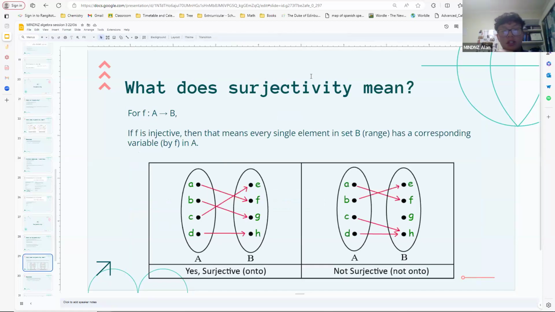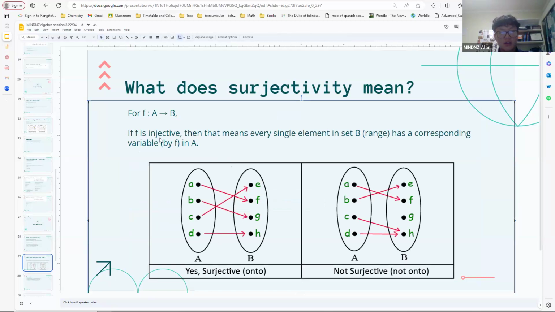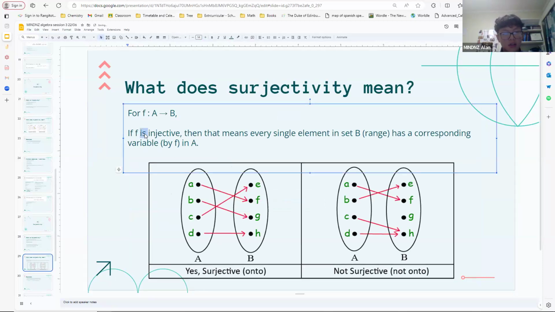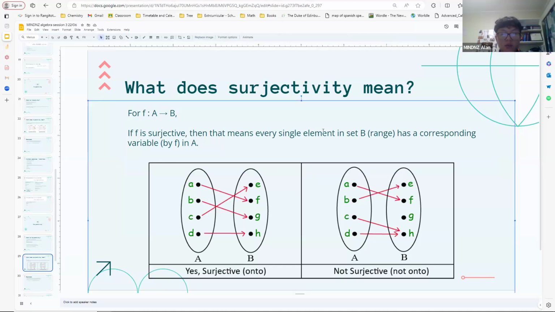So what does surjectivity actually mean? If f is surjective, then every single element in B has a corresponding variable by f in A. But can I have more than one corresponding variable, or is it only one?